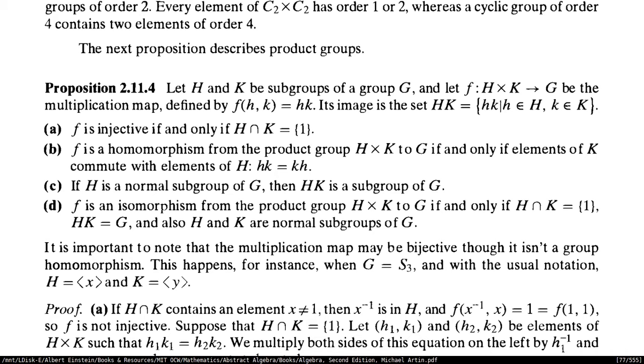Then F is an isomorphism from the product group if and only if it is injective, that is, the only thing in common they have is the identity, then the image is the entire group G, and H and K are normal in G. Right?